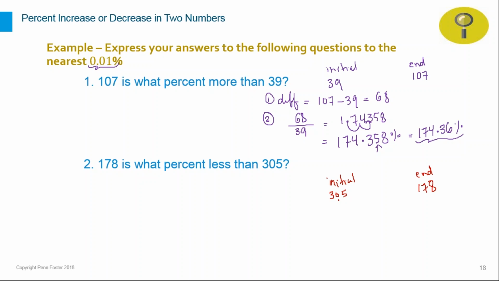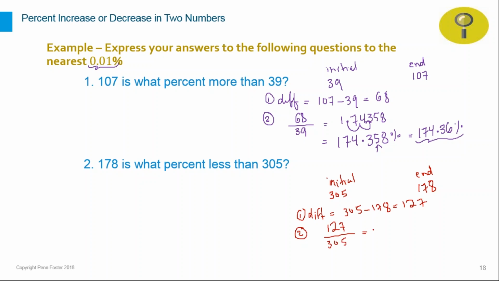Okay, so what is the percent decrease? 1, find the difference. The difference will be, of course, 305 minus 178, and that will give you 127. 2, divide the difference, 127, by the initial value, 305.